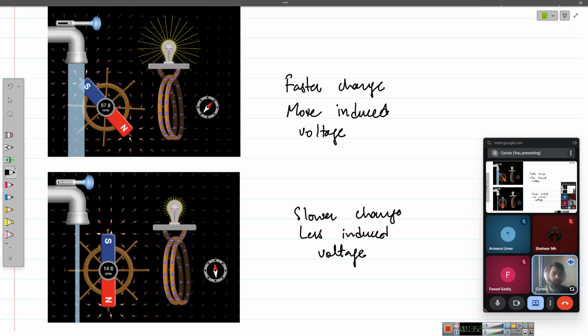So we want to maximize the voltage being produced by generators or the transformer. We want to have more flux change. We want to increase the flux change.